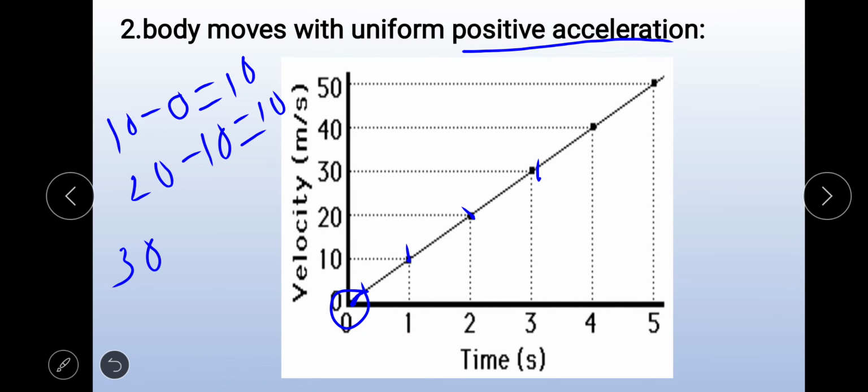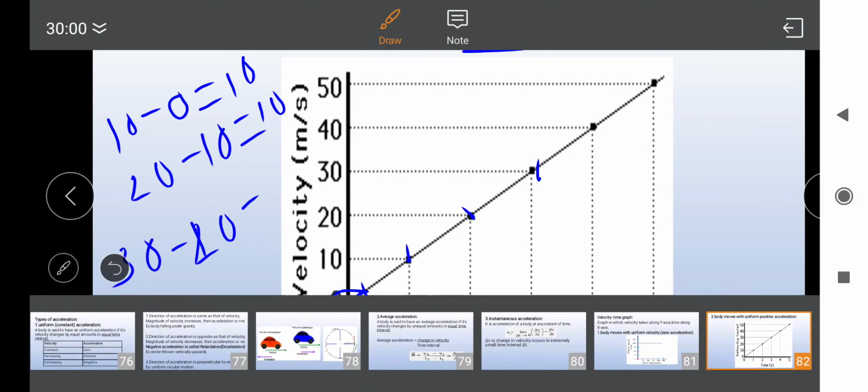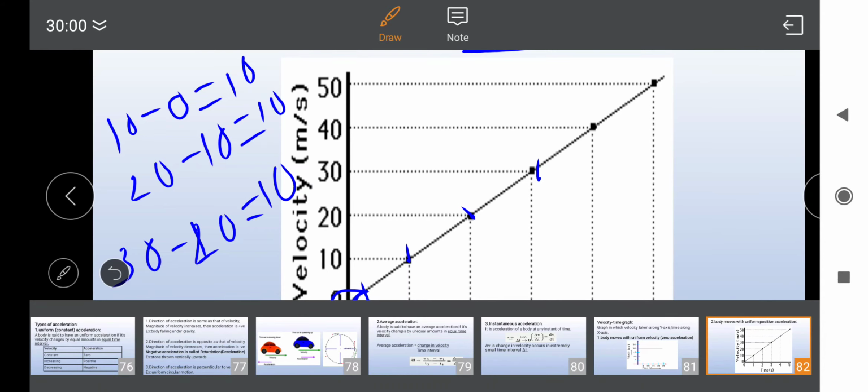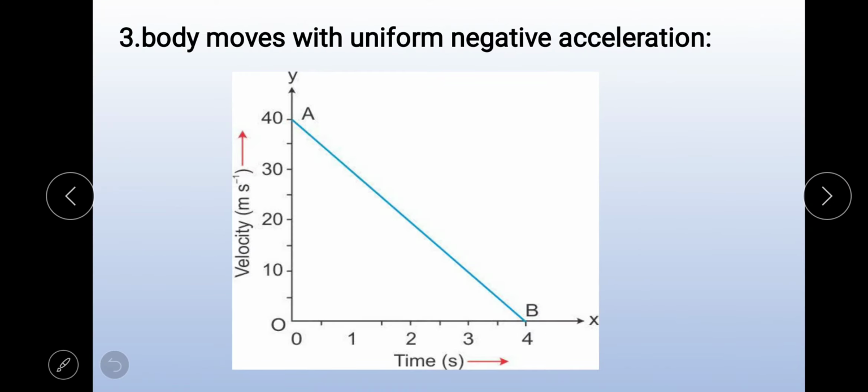Third case 30 minus 20 equal to 10. ಎಸ್, ಹೀಗಾಗಿ ಎಟ್ ಈಚ್ ಸೆಕೆಂಡಲ್ಲಿ ಕೂಡ ಏನಾಗಿದೆ, 10 ಮೀಟರ್ ಪರ್ ಸೆಕೆಂಡ್ ಅಷ್ಟು ವೆಲಾಸಿಟಿ ಇನ್ಕ್ರೀಸ್ ಆಗಿದೆ. ಅಂದರೆ ಈಕ್ವಲ್ ಅಮೌಂಟಲ್ಲಿ ವೆಲಾಸಿಟಿ ಈಸ್ ಇನ್ಕ್ರೀಸ್ಡ್. ಓಕೆ, ಸೊ ಜಾಯ್ನಿಂಗ್ ದೀಸ್ ಪಾಯಿಂಟ್ಸ್ ವಿ ಗೆಟ್ ಸ್ಟ್ರೇಟ್ ಲೈನ್ that passes through the origin. Okay, next, body moves with uniform negative acceleration.